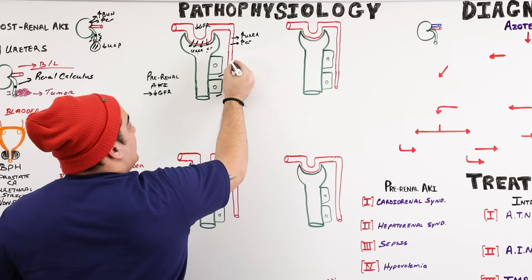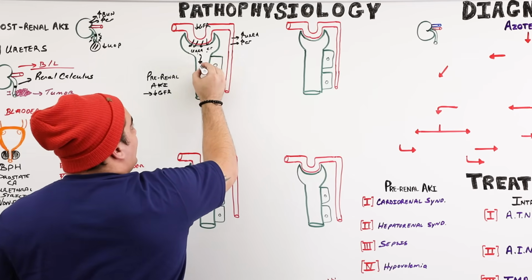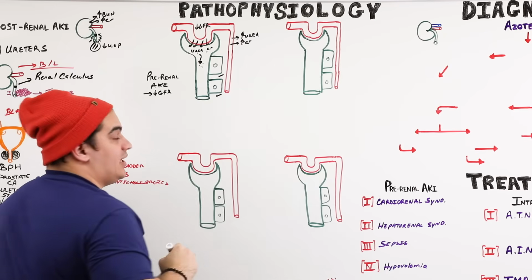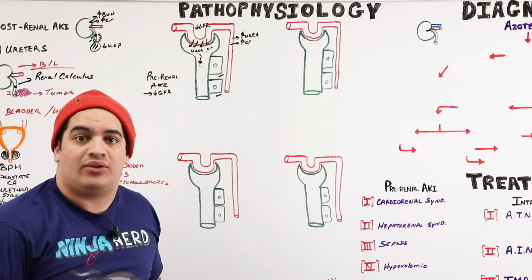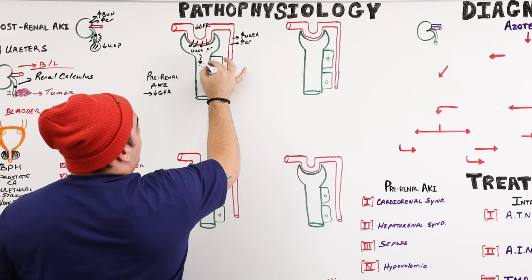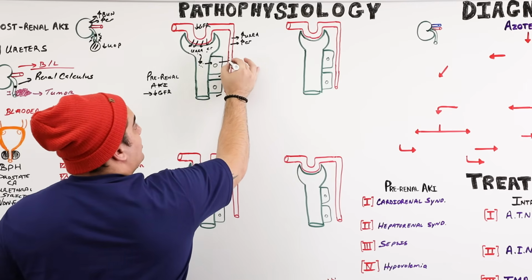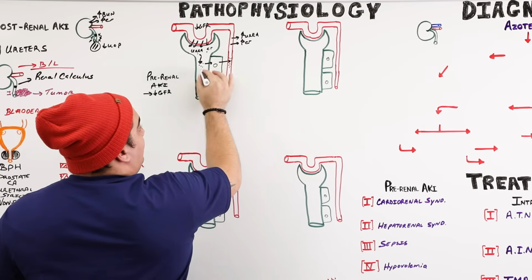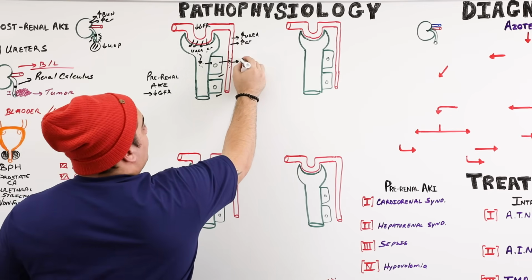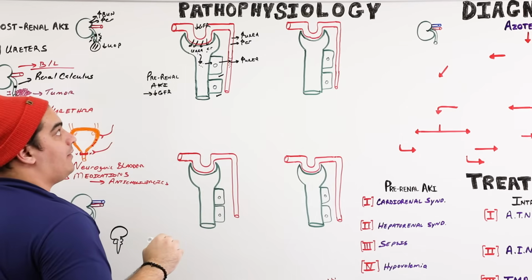So whenever you get urea down here, urea is actually a reabsorbable substance in the proximal convoluted tubule. And so urea, as long as these kidney tubules are functional, should be able to be reabsorbed back into the blood. So you should be able to reabsorb urea if the kidney tubules are intact.